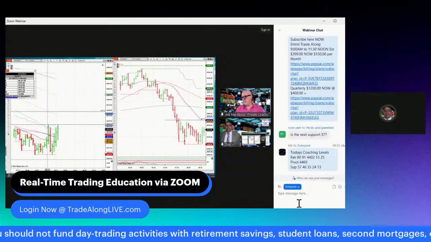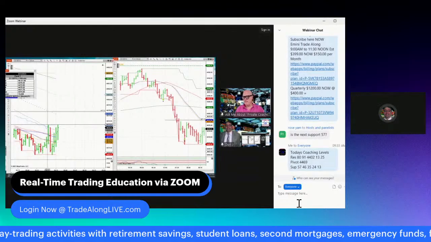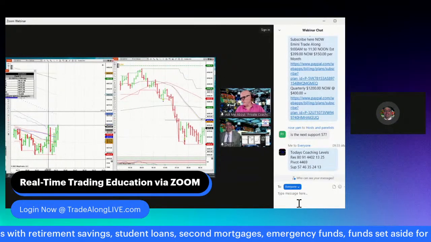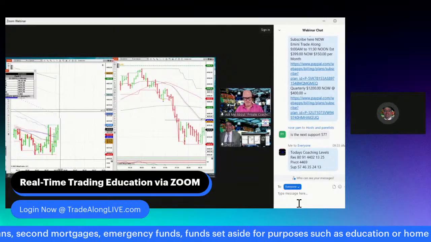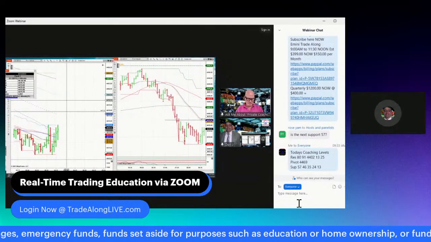Well, if you took our 70, well, we didn't have a 75. I had 74 up there earlier, but our next true resistance is going to be up here around the 80 area.